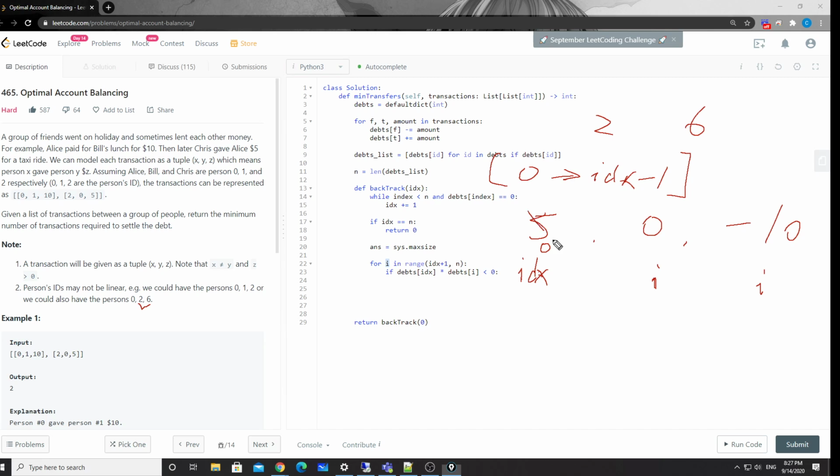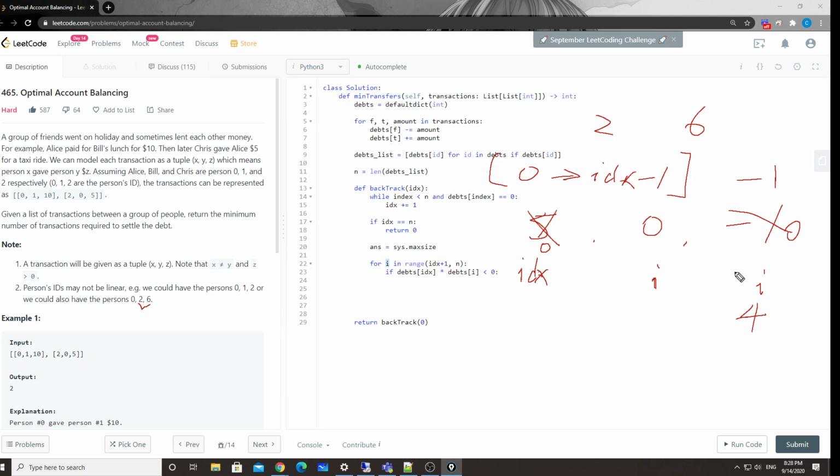We settle this person and also settle that person. It's also possible that this one is negative 1, and after giving the 5, this becomes 0 and that becomes 4.